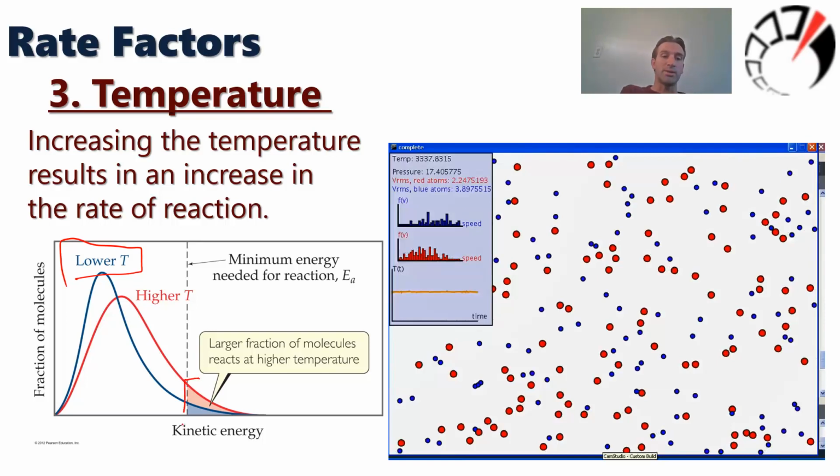And what that means as an overall concept is more particles at high temperature have enough energy to successfully react. They cross the activation energy barrier. So once again, here's the main idea. If we increase the temperature, we will increase the rate of reaction.